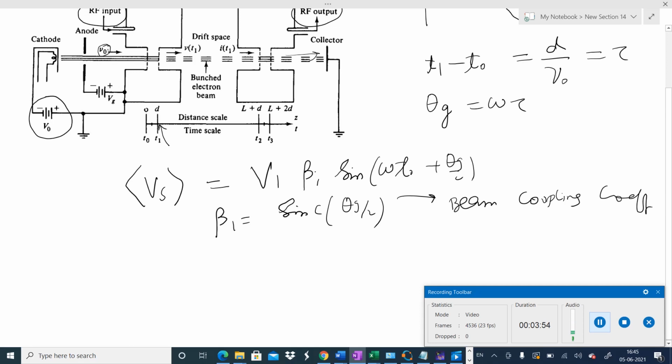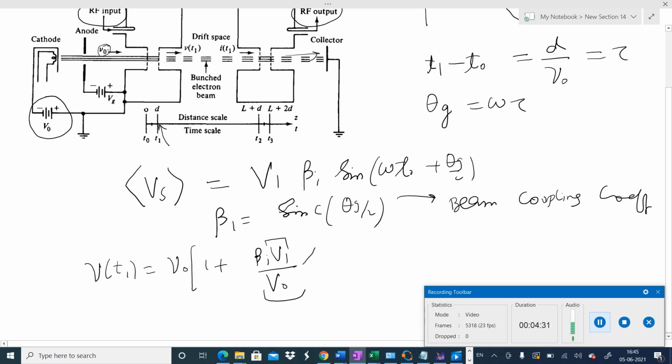Then we derived the velocity modulation equation after using some approximations, and that we got as v of t1, in terms of t naught, is v0 times 1 plus beta I v1 by v0, times sine of omega t naught plus theta g by 2. v1 is the amplitude of the RF input oscillations, which we want to amplify. v0 is the DC input.